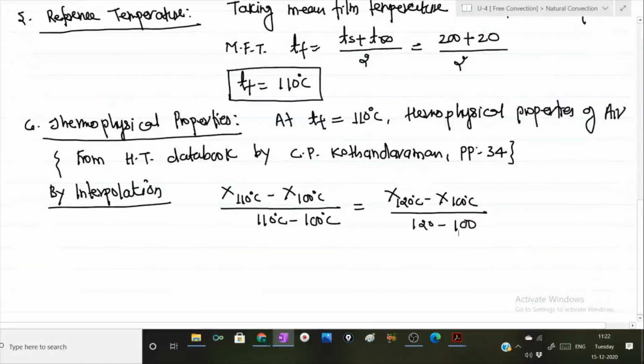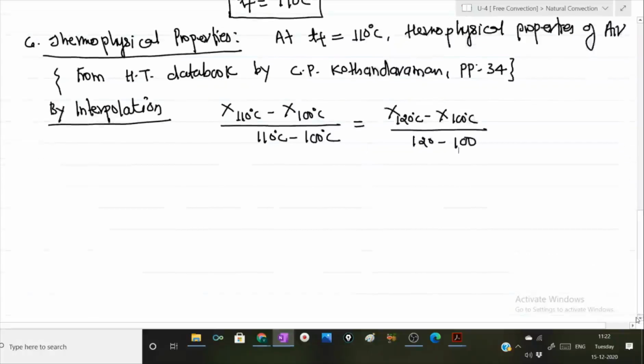So this is the required interpolation formula. Now in order to fit this formula into calculator, let's say I want to calculate property at 110 degrees Celsius.